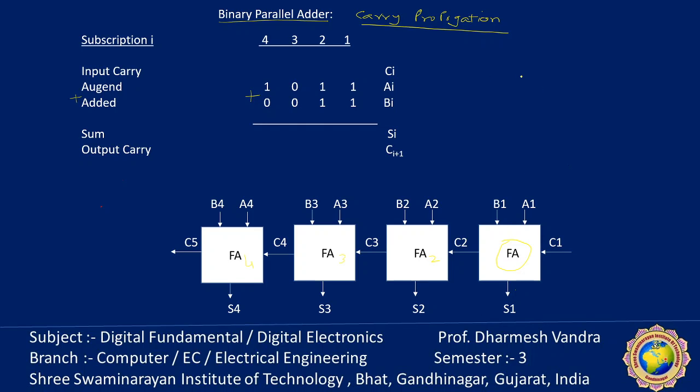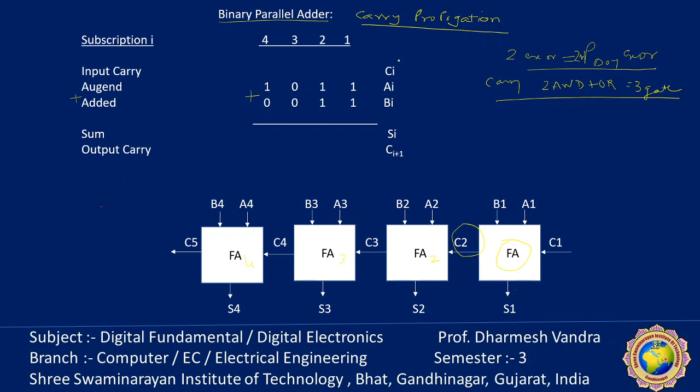In the full adder circuit, two XOR gates are there, so the total propagation delay is 2 times the XOR delay for the sum output. And for the carry output, 2 AND gates plus 1 OR gate, so 3 gate delays are required to propagate the carry C2.